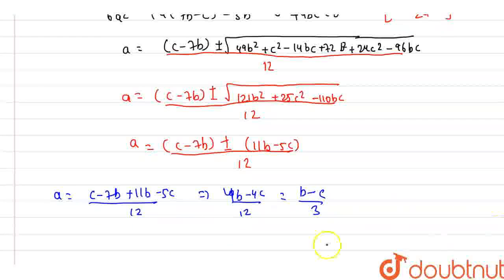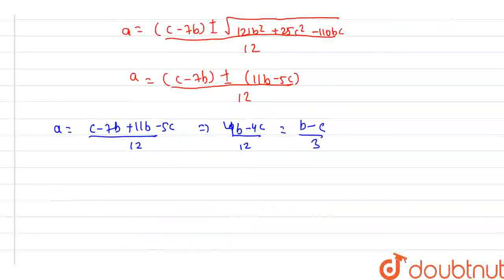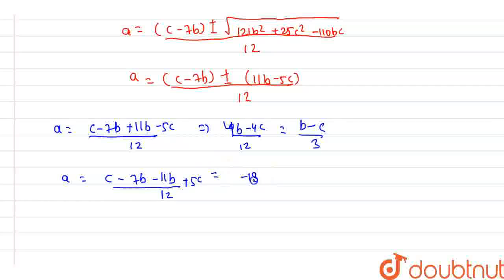Now if we take the negative side, a = (c − 7b − 11b + 5c)/12. If we solve this, it becomes −(18b + 6c)/12, which is −(3b + c)/2.